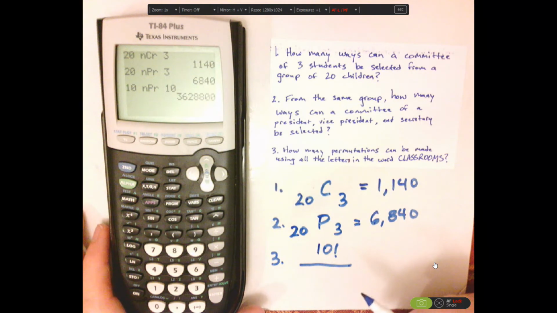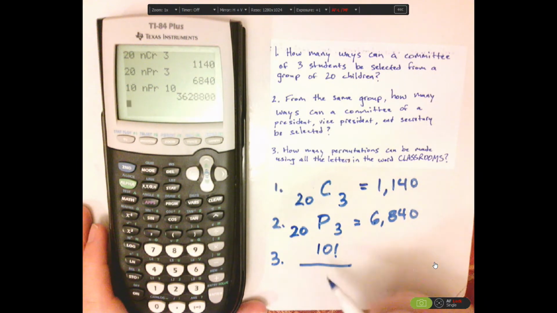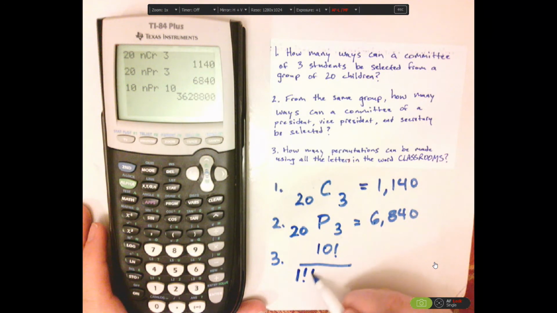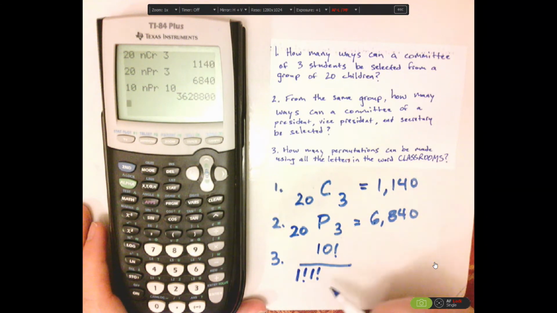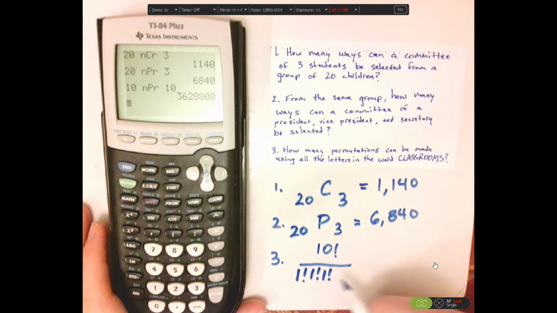Now you're going to separate it by the different types of objects. So there's 1 C, there's 1 L. I'm going to ignore all these ones. A, when I type it in the calculator. S's, there's 3 S's, so it's 3 factorial.